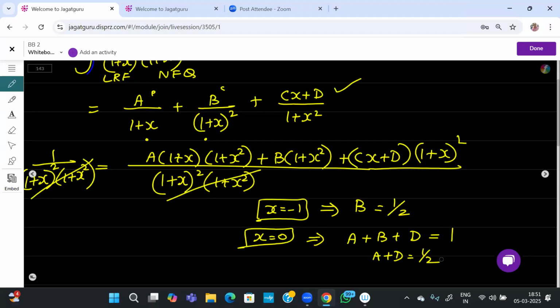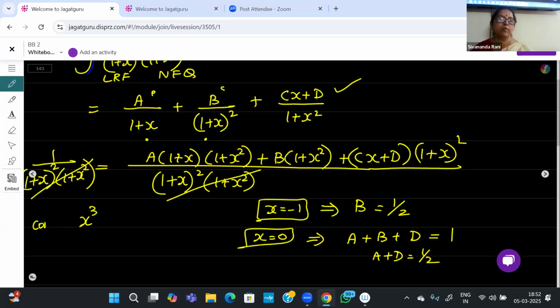A plus C is 0. Very good. How do you get that? Cubes on both sides. Compare x cube on both sides. So 0 is equal to A plus C, because this is the only term containing cube and this is the only cube you have.